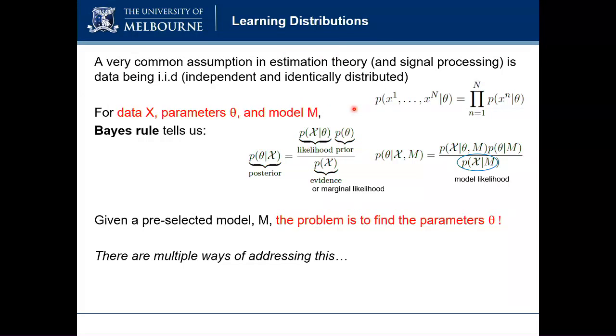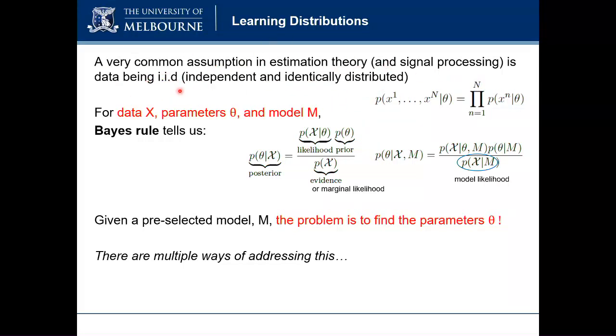A common assumption in estimation theory. We will make this assumption out of mathematical necessity. It's a modeling assumption. In reality, data is not IID, and IID means independent and identically distributed, right?